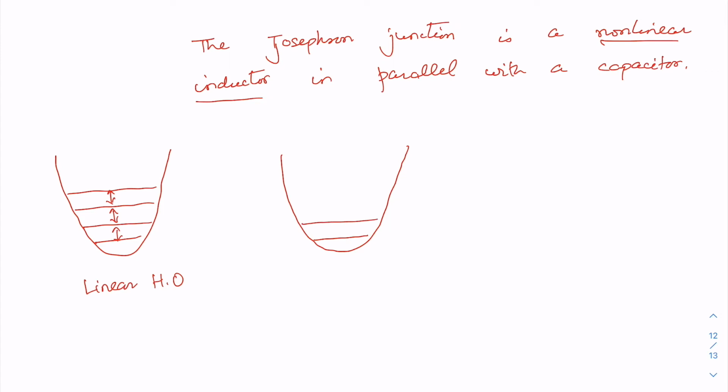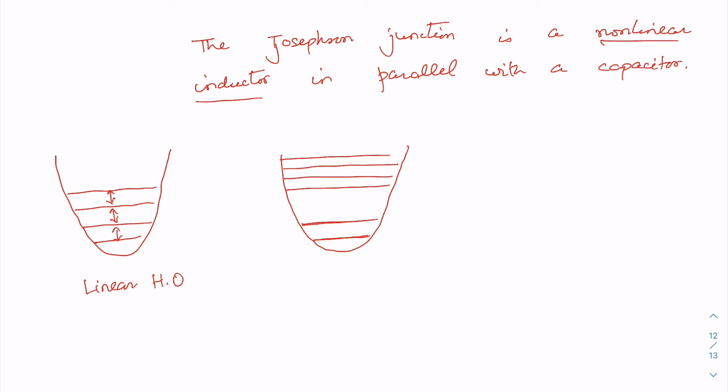Rather, we can choose a specific circuit parameter configuration in such a way that we obtain two low-lying energy states that are separated from all the higher energy levels by a huge gap.